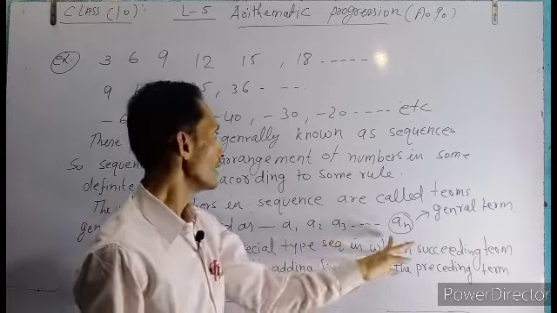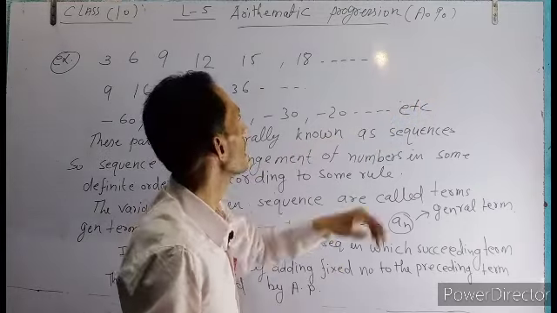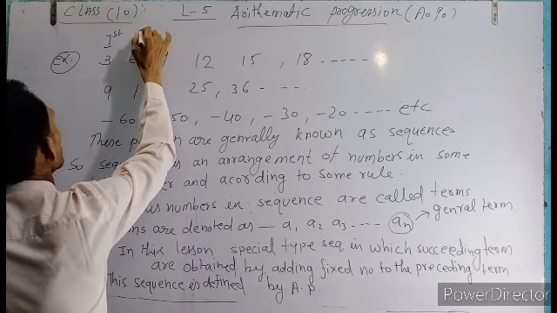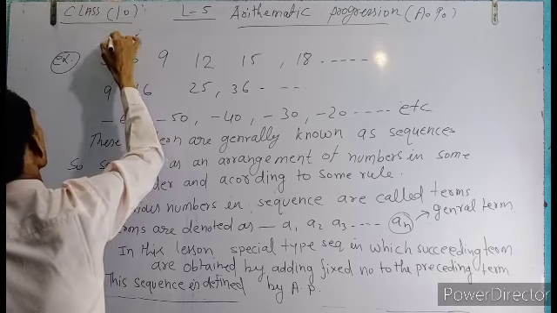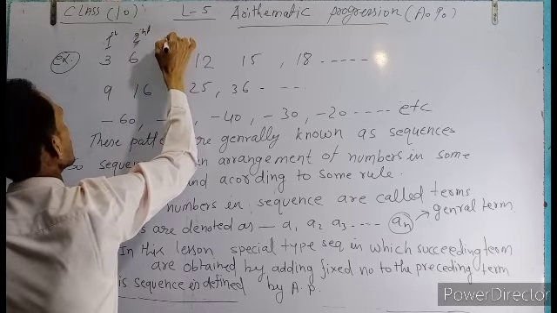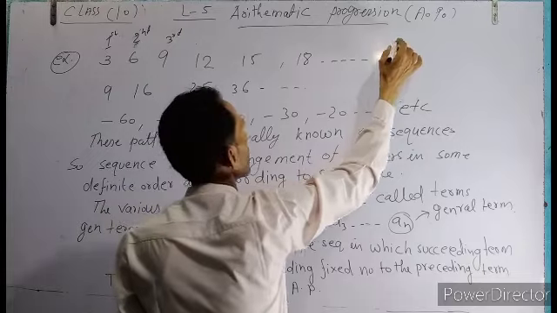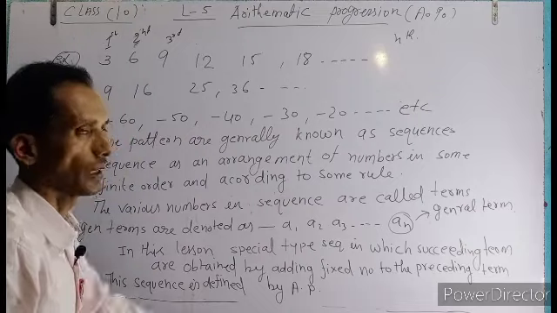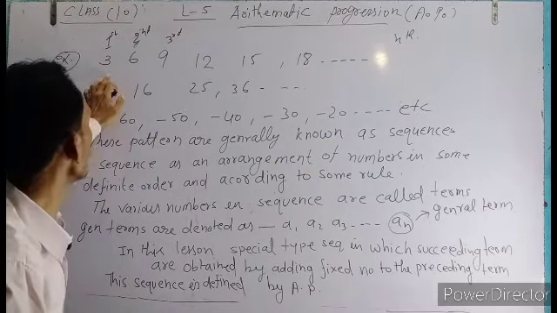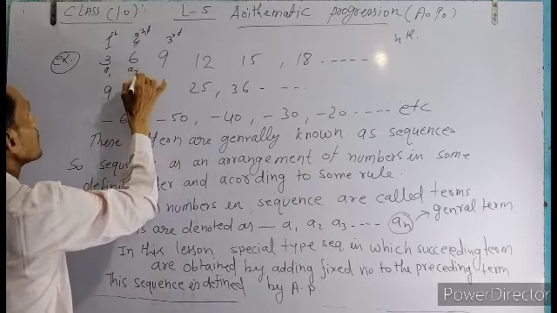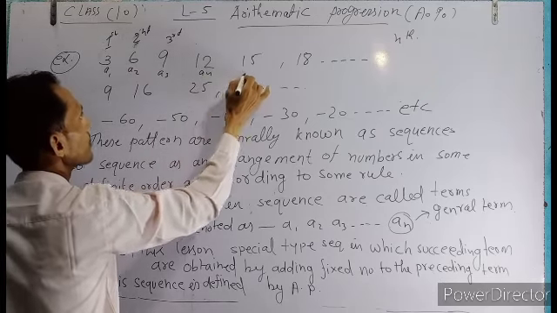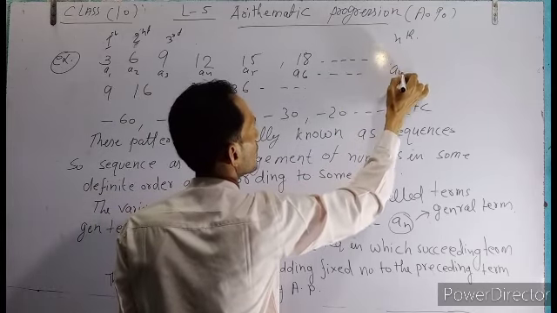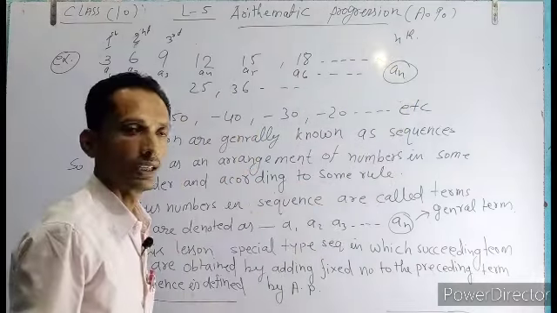So A1 up to An, where An is the nth term. That is the first term, the second, the third, and so on, up to the nth term. A1, A2, A3, A4, A5, A6, and here will become the nth term, An.